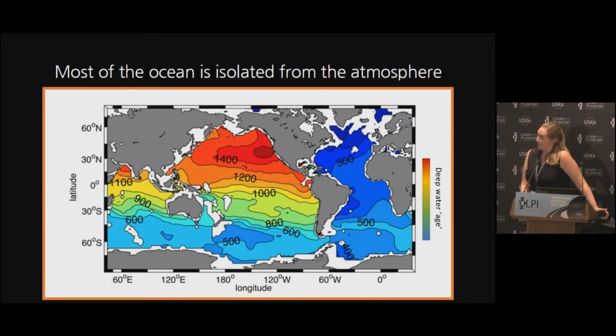So this is now a map showing the ages of deep waters, and they're estimated based on radiocarbon ages. So those ages reflect the time since that water has last interacted with the atmosphere. And you can see that these numbers are actually quite big, particularly in the Pacific, where the ages of deep water can exceed 1,000 years.